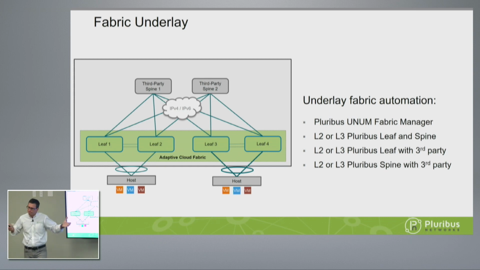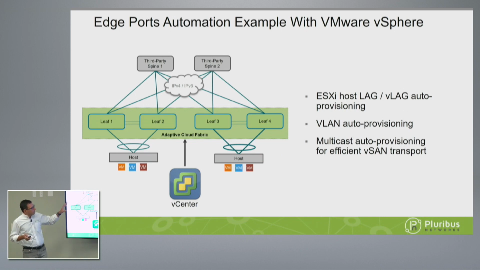But in the end, okay, it's cool, it's interesting, but it's not really unique. What is more interesting is actually what we do with the overlay, which is triggered by the way we provision edge ports. Clearly, you can use vCenter to drive from vCenter itself the provisioning of VLANs and ports and LAGs on what they call the edge ports, or it can also be manual, or you can have your own orchestration system and through REST API issue commands on the fabric.